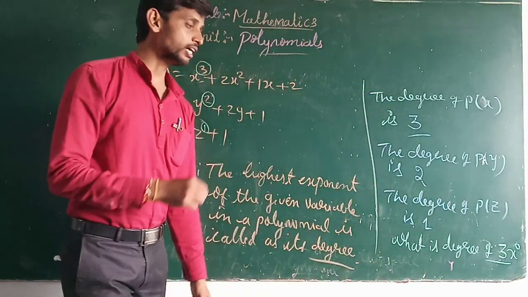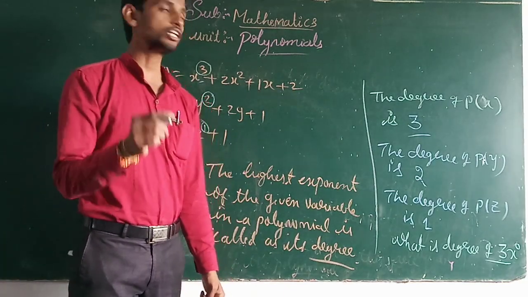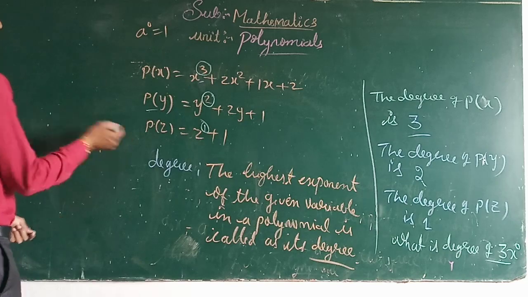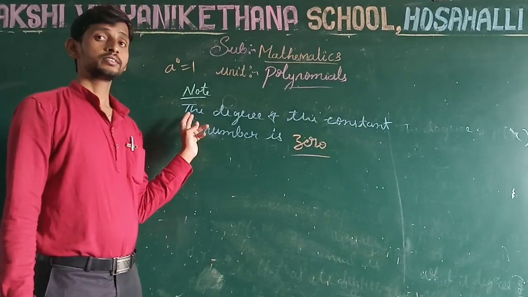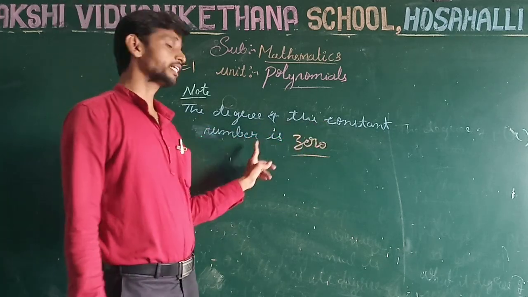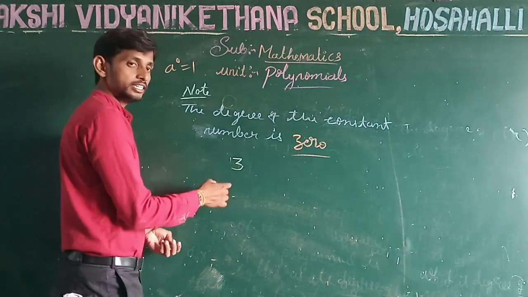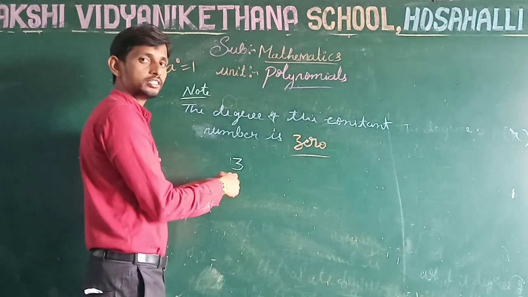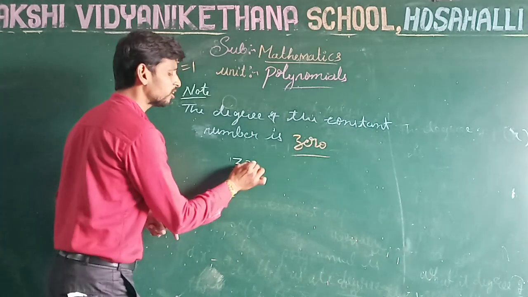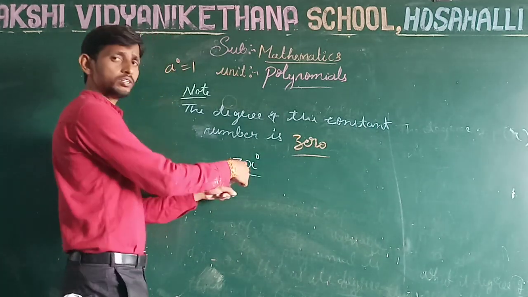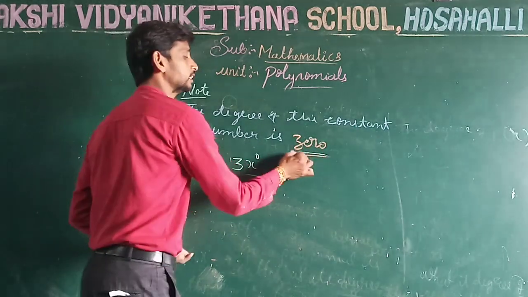Therefore, the degree of a constant number is 0.